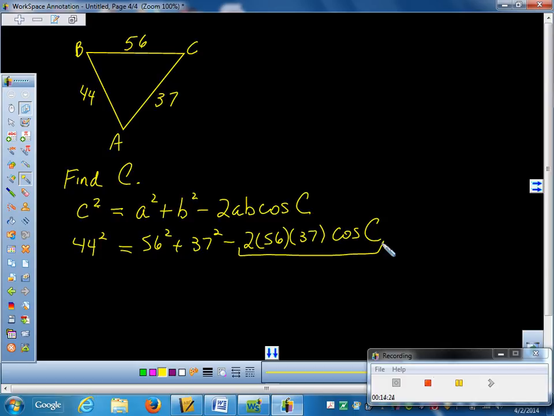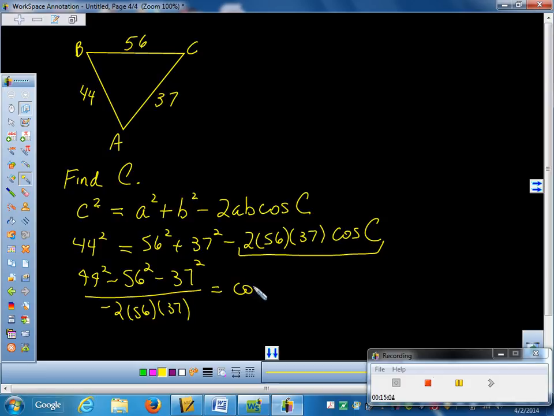I'm going to tell you, when I do it, I just go, oh, these two need to get subtracted over, so I subtract them over. I don't bother to square them out. I can type it in my calculator just like that. I know I'm going to then divide the numbers in front of cosine over, so I just divide by -2 times 56 times 37.